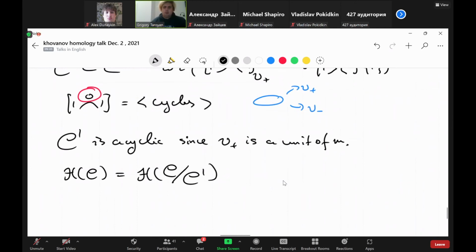And the homology of the quotient is just the homology of the Khovanov complex.